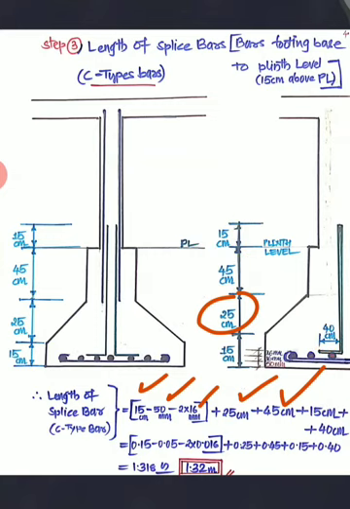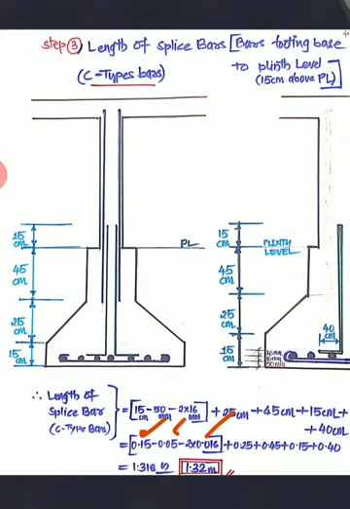So we'll see how much it will be. So it is 0.15 minus 0.05 minus 2 times 0.016 plus 0.25 plus 0.45 plus 0.15 plus 0.40. So it is going to be 1.318 meters. Now I rounded it to 1.32 meters. So this is the length of the splice bar.